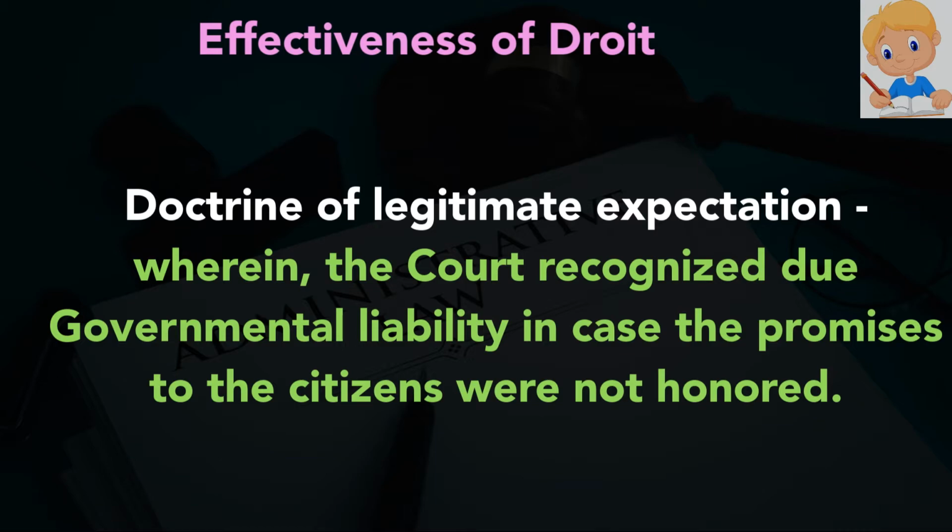Okay, so whatever promises the government made, if they were not honored or fulfilled, then who will be responsible? Government will be responsible for that. Okay, and the respective action will be taken on this account. So this system proves how effective it was.